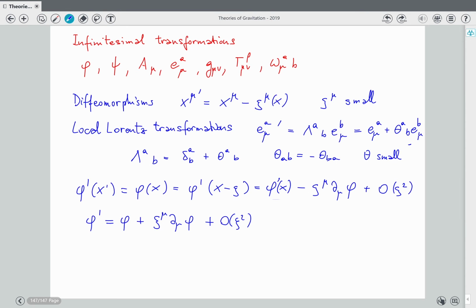You want to throw the entire transformation on the field. So this is a scalar. Vector.